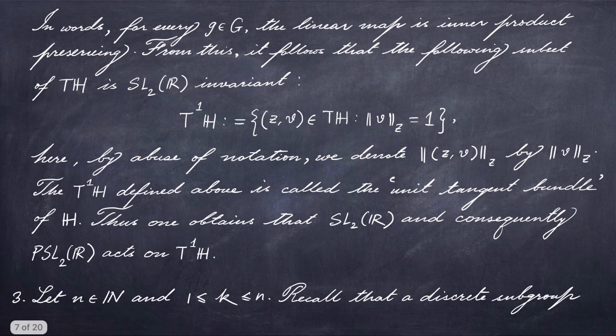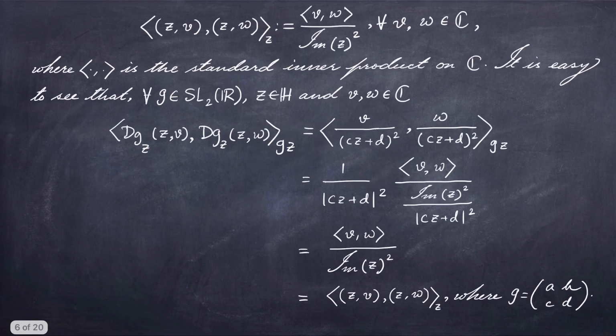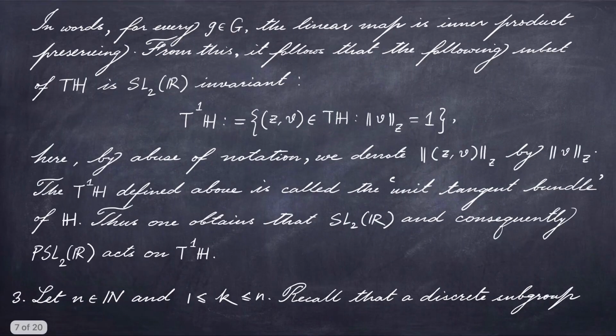Okay, so this is the collection of all unit vectors in all the tangent spaces at all the points of the upper half plane. And what we have seen here, if we rephrase it in terms of this unit tangent bundle, is that this collection is invariant under the action of SL2R.